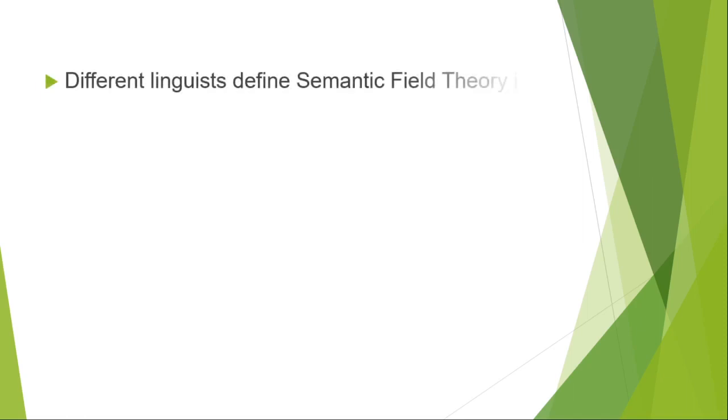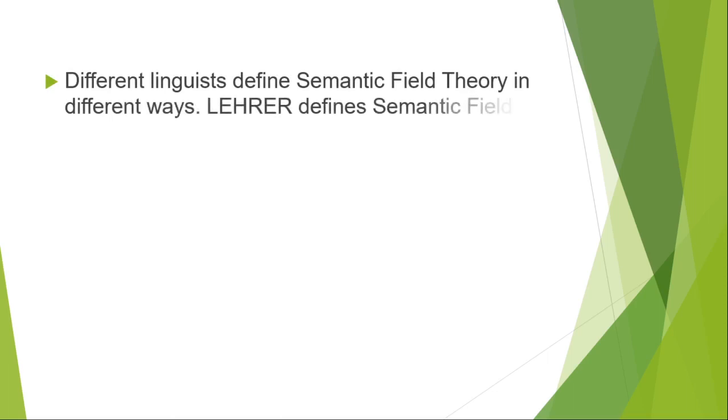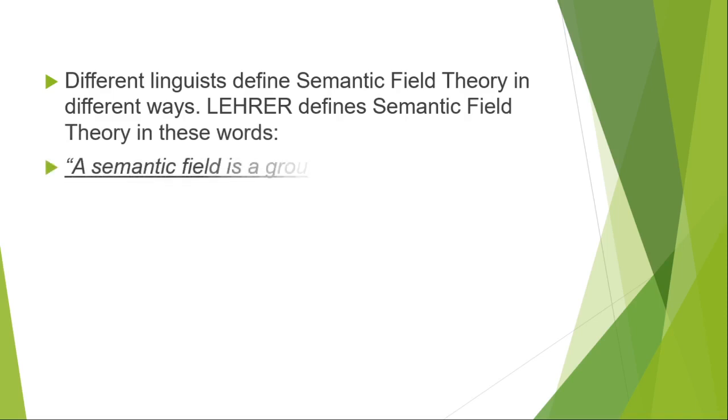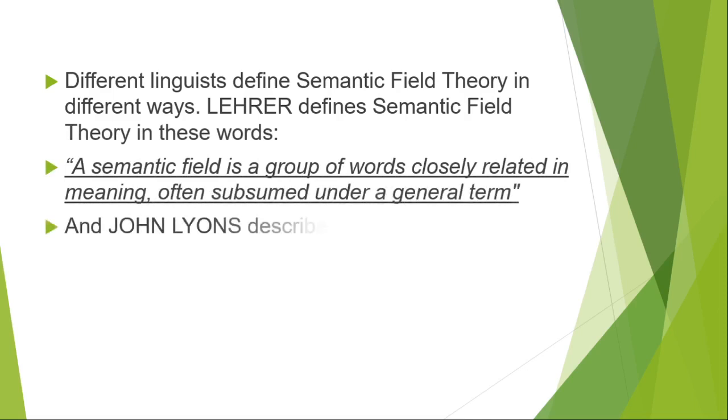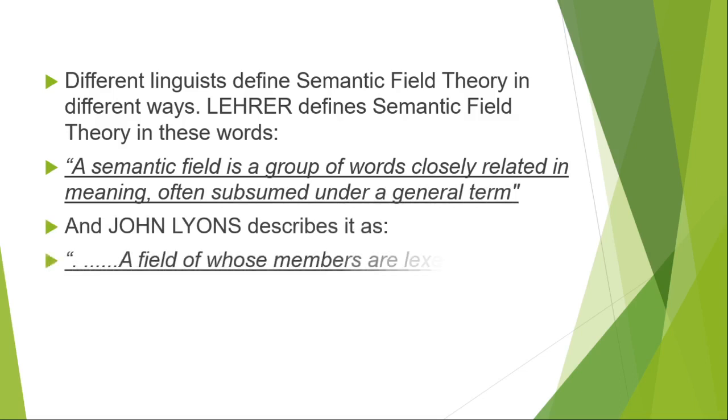Now, different linguists define semantic field theory in different ways. Lehrer defined semantic field theory in these words: a semantic field is a group of words closely related in meaning, often subsumed under a general term. And John Lyons describes it as a field whose members are lexemes in a lexical field.